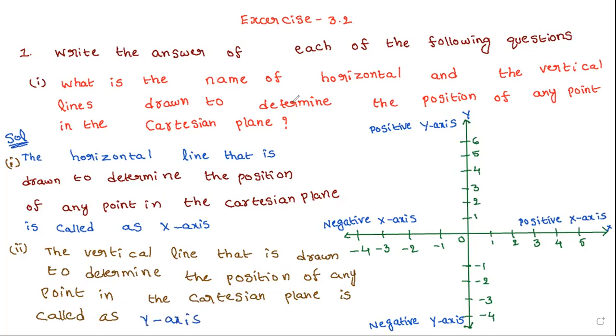So what is the name of the horizontal line? The horizontal line is called the x-axis. The vertical line is called the y-axis. That's it. Write down.